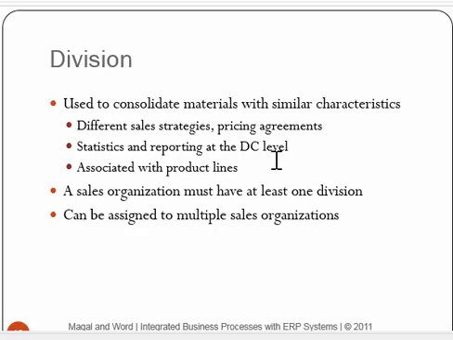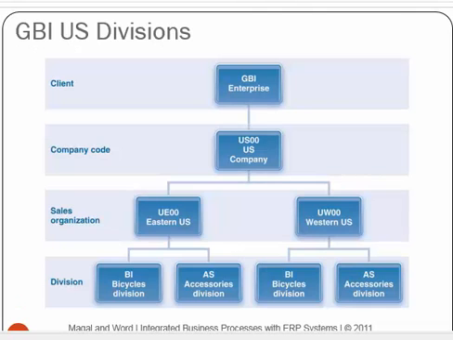The sales organization is for a different geographical location. The division is for a different product line. And the distribution channel is for a different delivery method. So again, we have the bicycle and accessories, as we said, as 2 divisions under both the US and Germany.